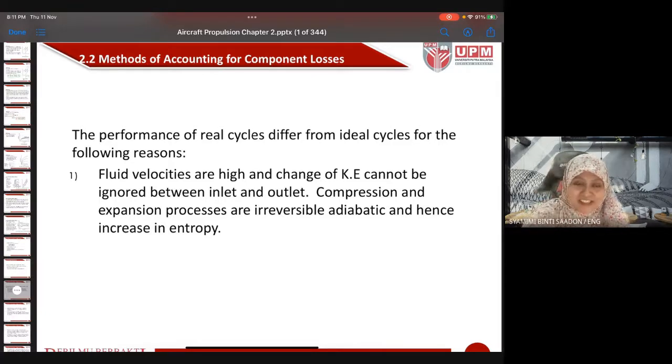So there is kinetic energy somehow. So how are we going to define or characterize this change in performance?